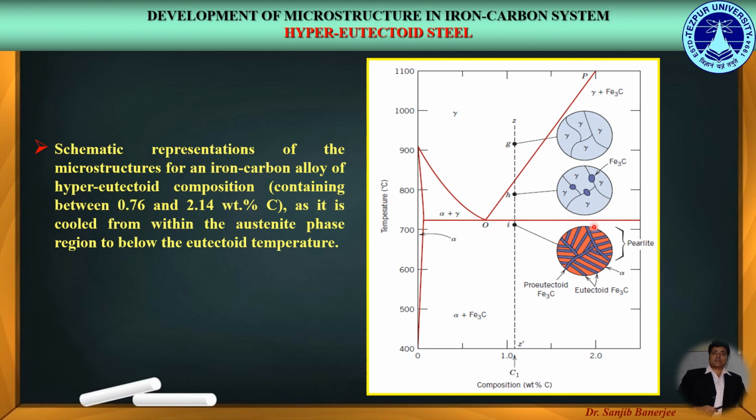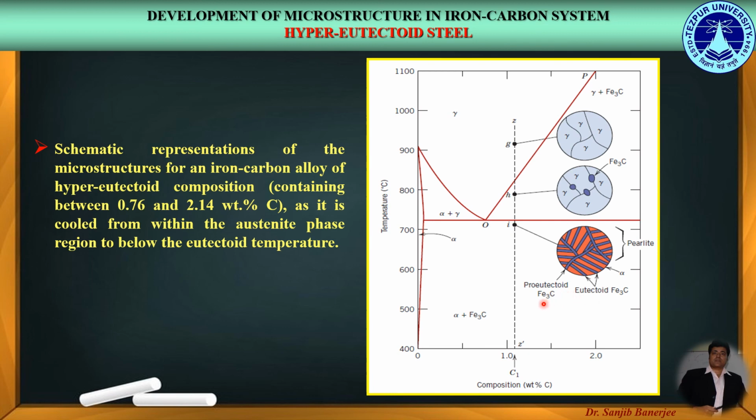So over here we can see the pearlite phase, which consists of the lamellar layers of ferrite and cementite. Here within the pearlite we can see the eutectoid cementite, that is the cementite which is formed due to the eutectoid reaction.